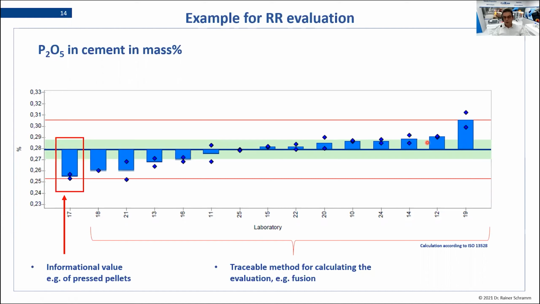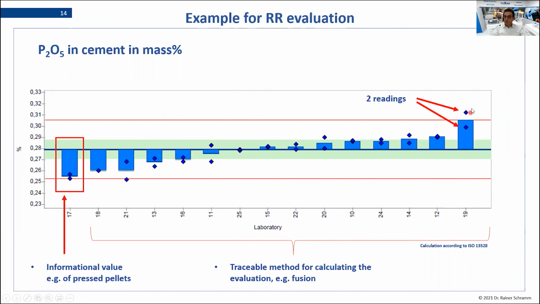And therefore, we always check with you what method you use and what sample preparation, so that we are sure that your values are traceable. But we also offer that you can contribute in our round robin studies with methods which are not traceable, but then these values are not used for the statistics. They're just shown in the graphs, shown in the laboratory evaluation. So you will see how you perform, but it will be not used to calculate the values.